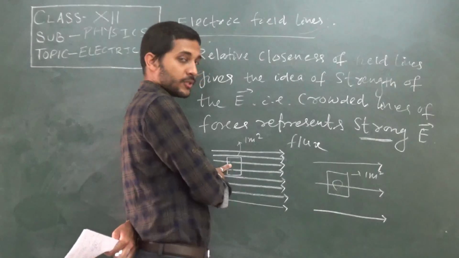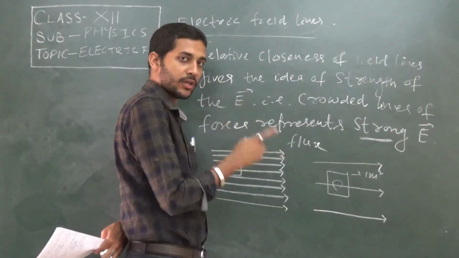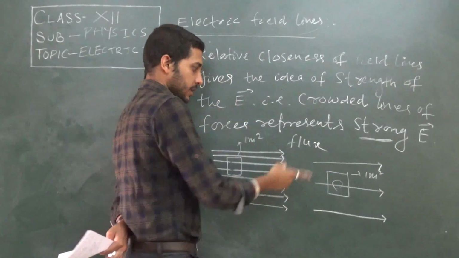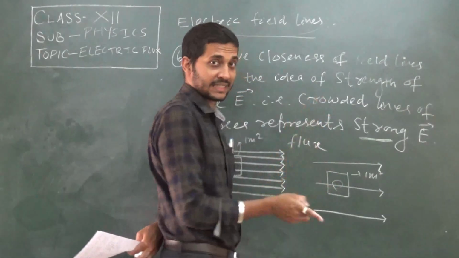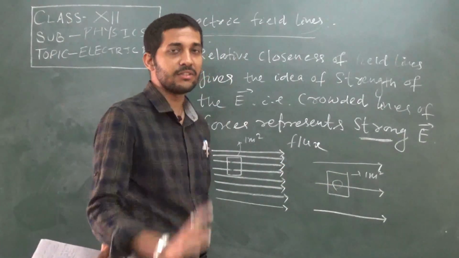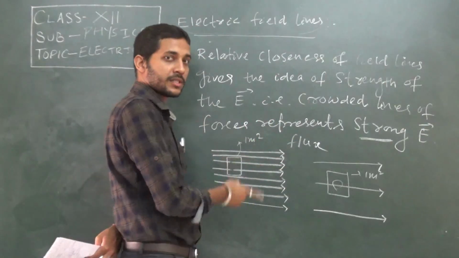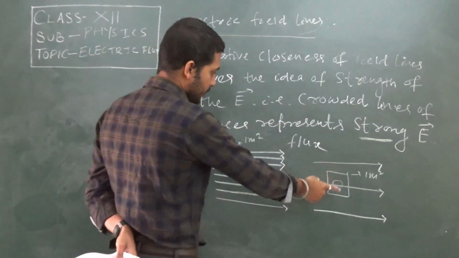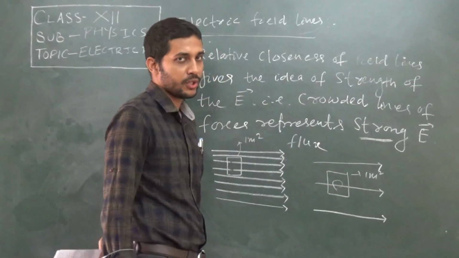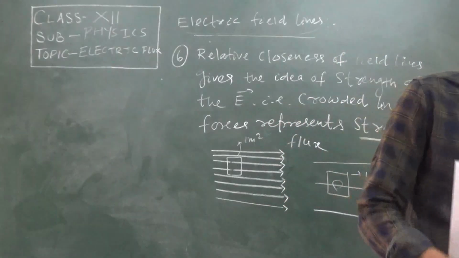So if the number of lines of forces in a particular region is more, then that represents the strong electric field at that position. If the number of lines of forces is less in a particular region, that represents that the electric field intensity will be weak on those positions. That's why crowded lines of force represent strong electric field, whereas spread out lines of forces represent weak electric field. So these are the basic properties of your electric field lines.